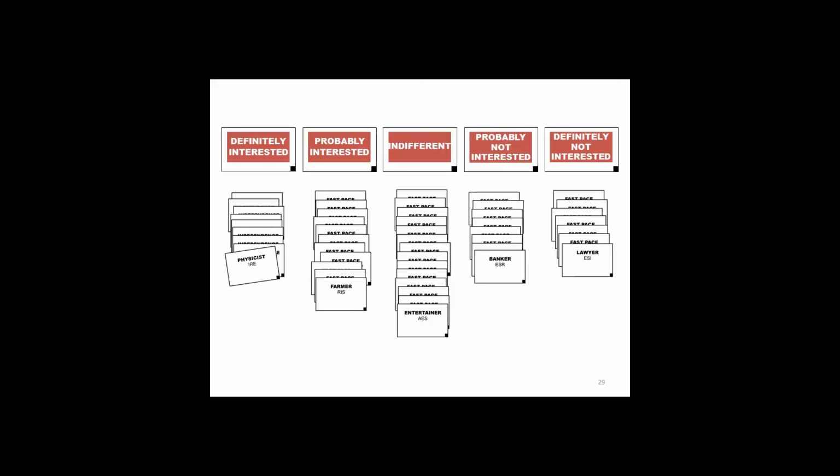Now, each card has the name of an occupation, and also has a little Holland code on it. 95% of my clients never notice the Holland code, but you could also sort them according to the Holland code.